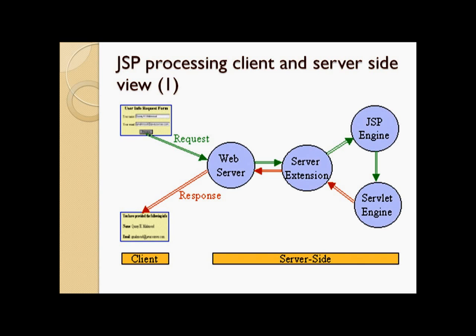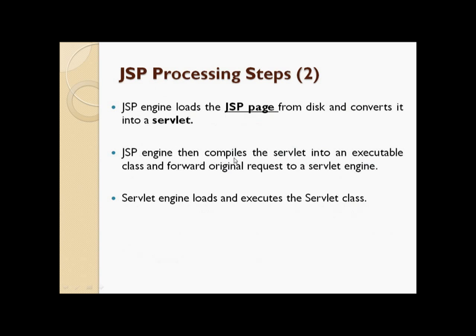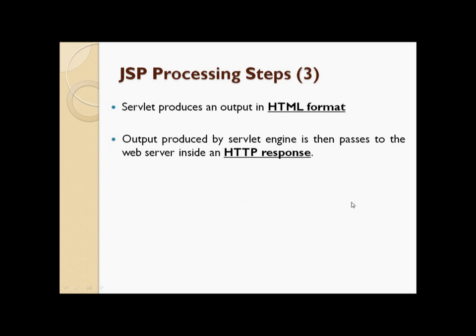It then sends the .class file back to the JSP engine, and the JSP engine compiles the servlet into an executable class, and forwards the original request to the servlet engine. The servlet engine loads and executes the servlet class, and the servlet produces an output in HTML form which will be stored in the index.html file, and the index.html file will keep the information of multiple JSP pages.